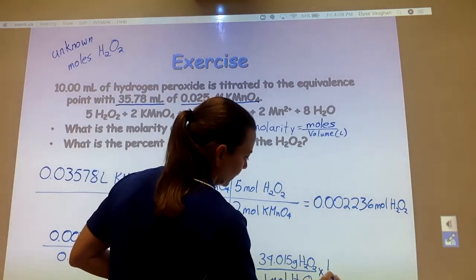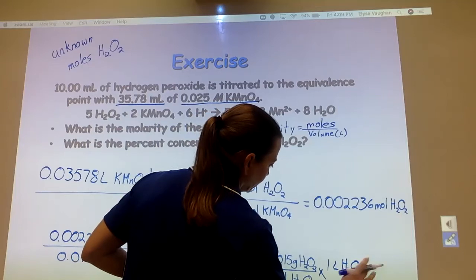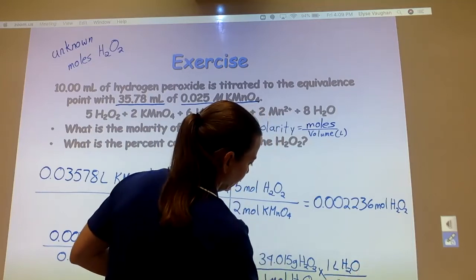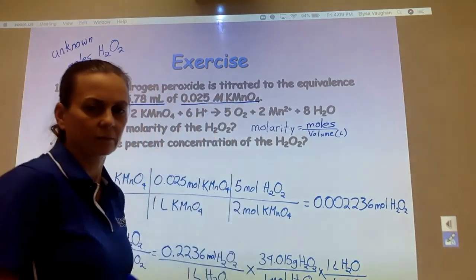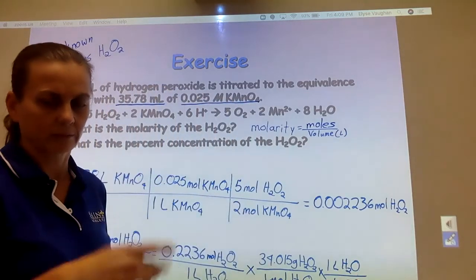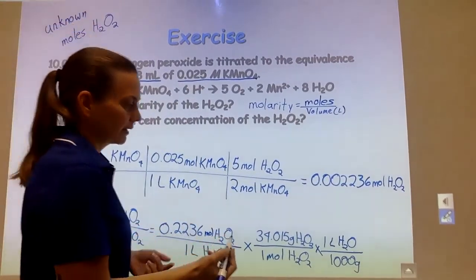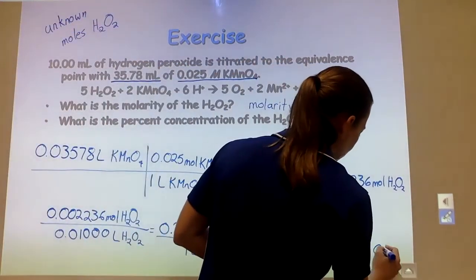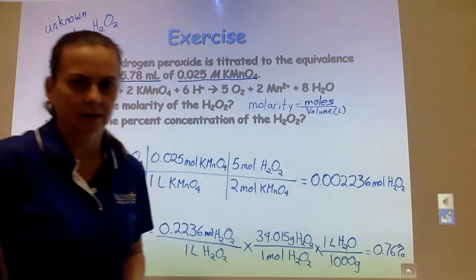And I know that 1 liter of water is 1,000 grams of water, because there's 1 gram per milliliter. And so when I work all of that out and multiply it by 100, I get 0.76% hydrogen peroxide.